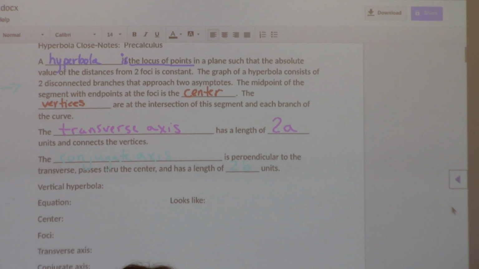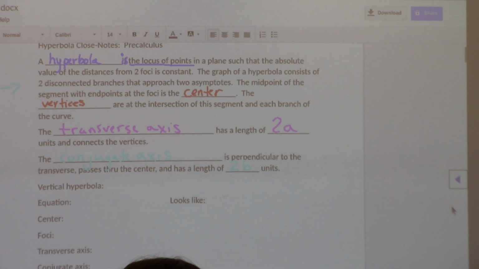You get a rectangular box whose length is 2a and whose width is 2b. So this distance from here to here, this distance from here to here is b. Okay? And that distance is b.